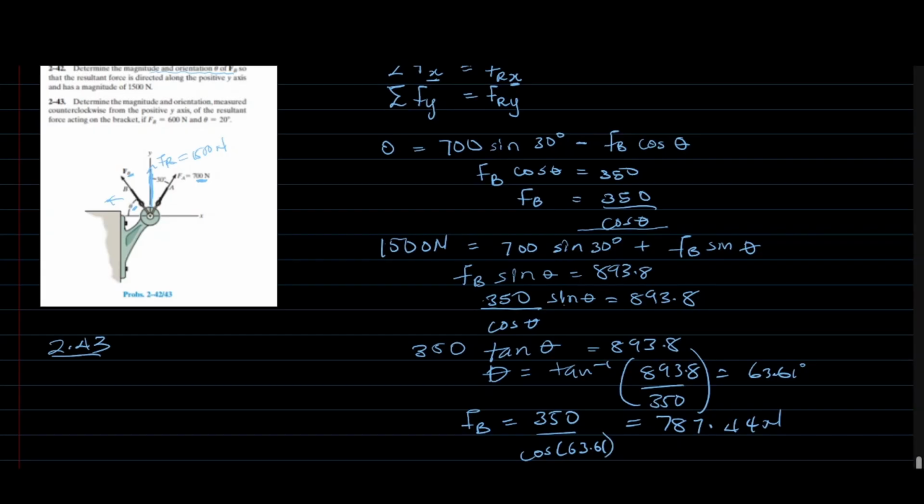Next, for 2.43, we're going to have 2.43 here. Determine the magnitude and orientation measured counterclockwise from the positive y-axis of the resultant force acting on the bracket if this time FB is given. FB is 600 newtons and theta is 20 degrees.